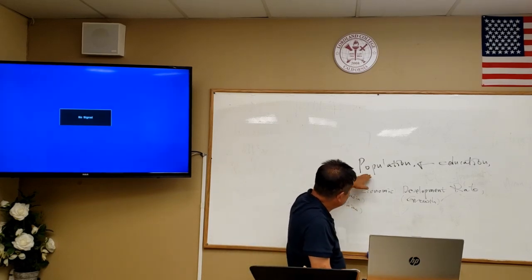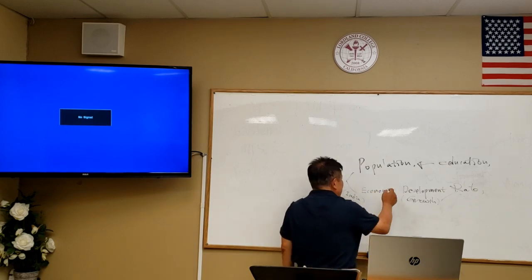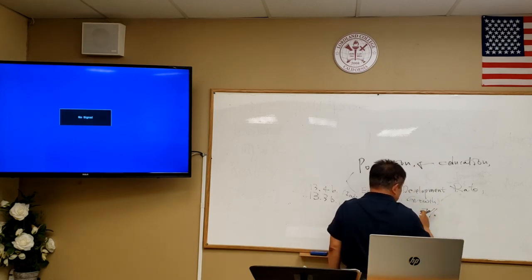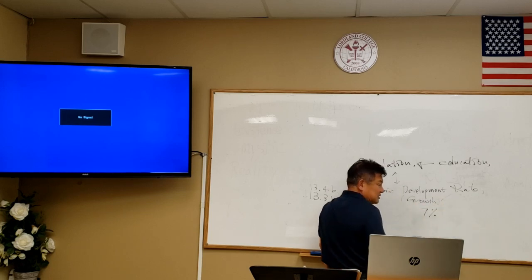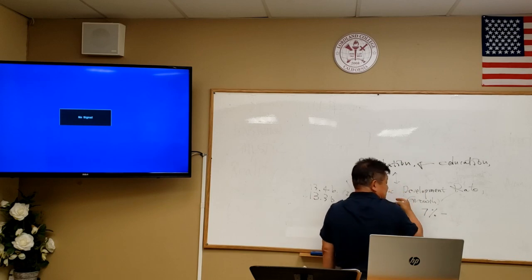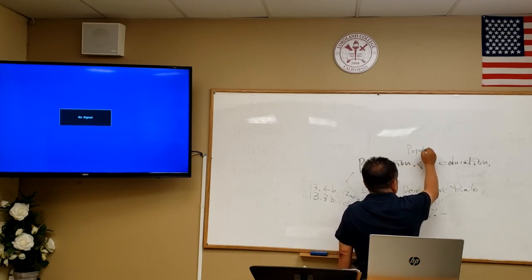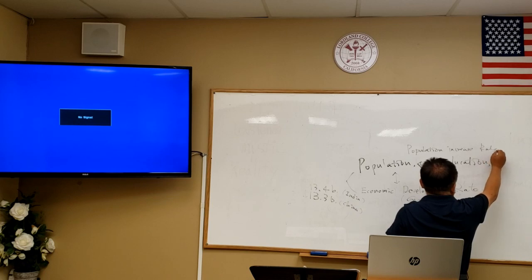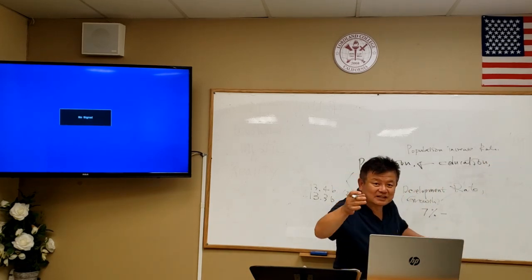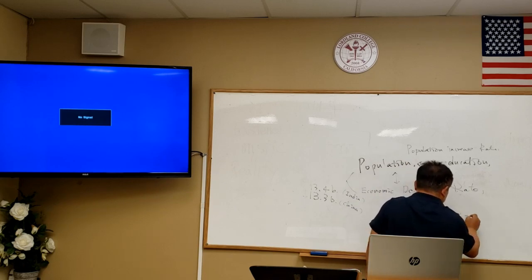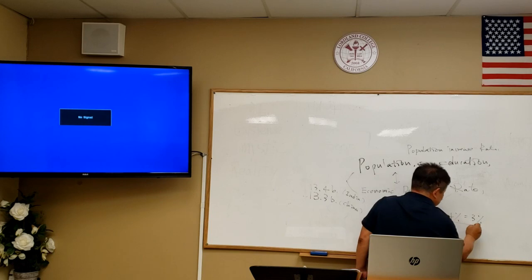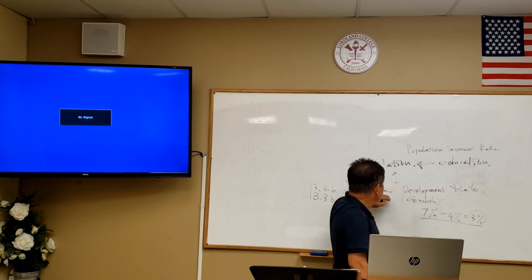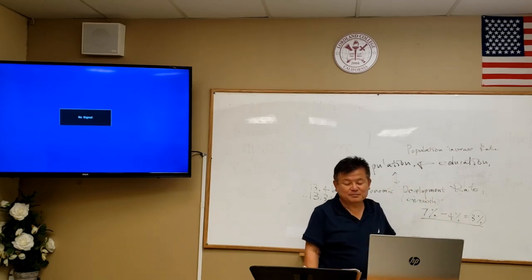Why do I say the population and the growth rate are related? For example, in China, the growth rate last year was 7.7%, minus the population increase rate. How much did the population increase? For example, 4%. So 7 points minus 4 points is 3 points. So the actual economic growth rate is 3%.